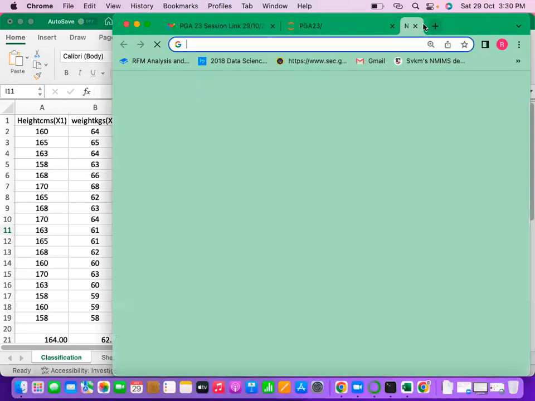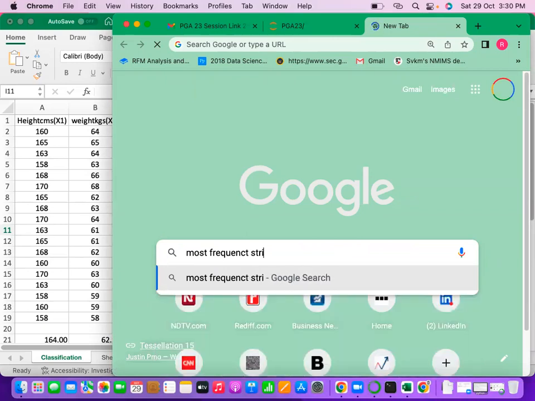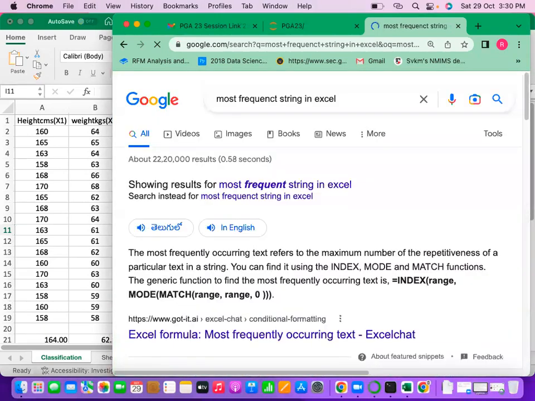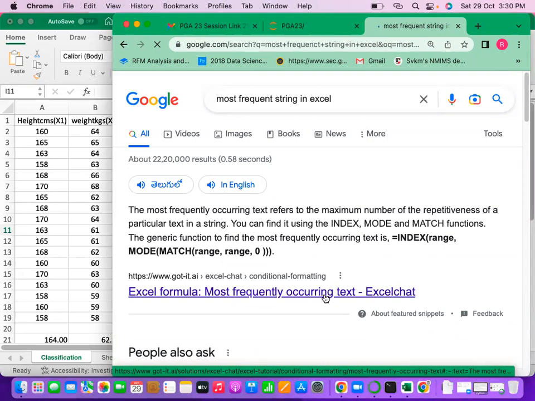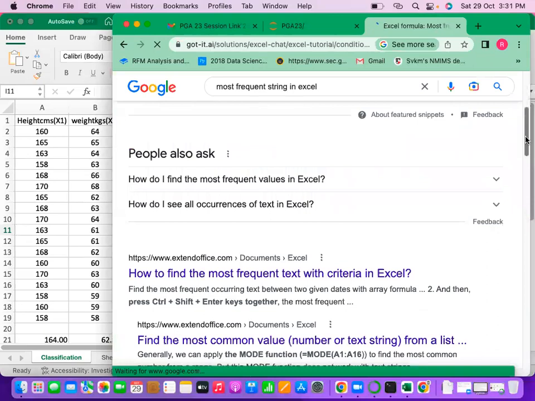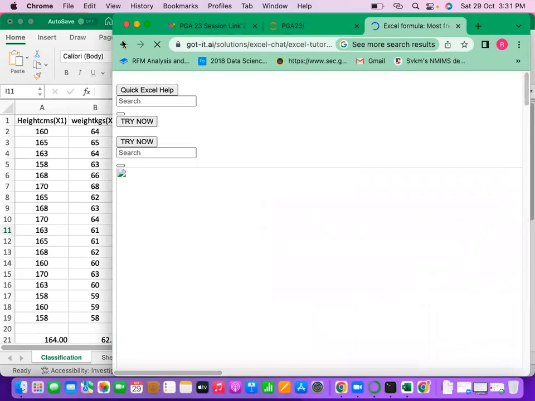Sometimes I forget these formulas. Most frequent string in Excel. I think it is saying mode.